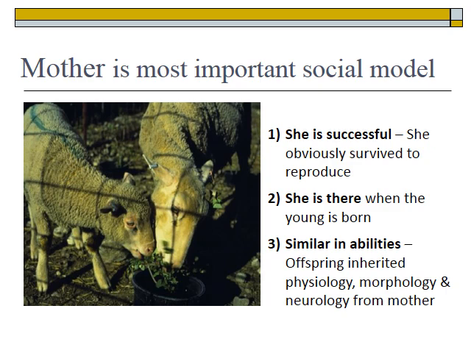On the other hand, if mother was able to digest a secondary compound, it's likely that the offspring would also be able to. So mother is an important social model because she's there, because she's obviously been successful to reproduce, and she has similar abilities based on genetic relationships and inheritance.